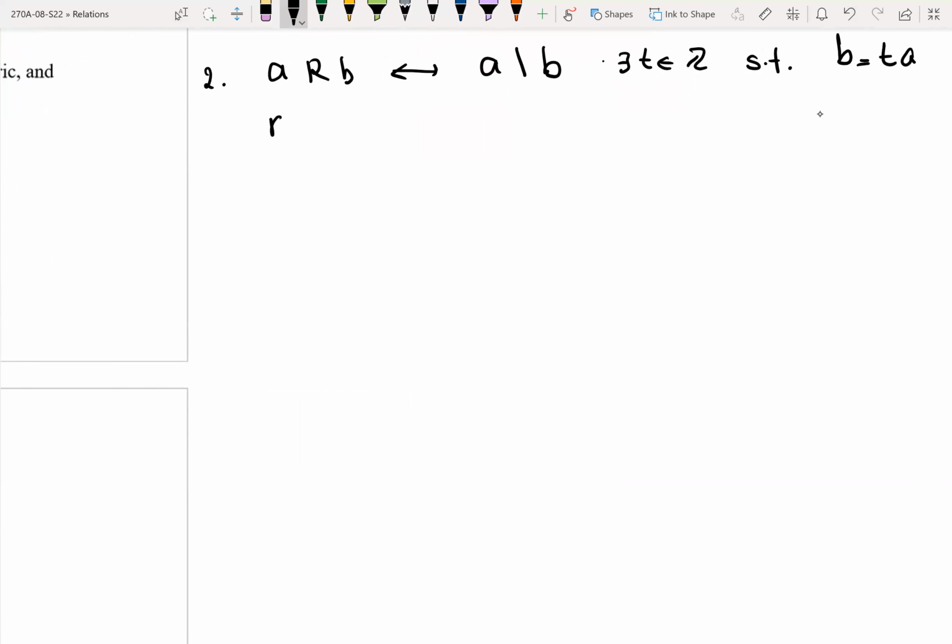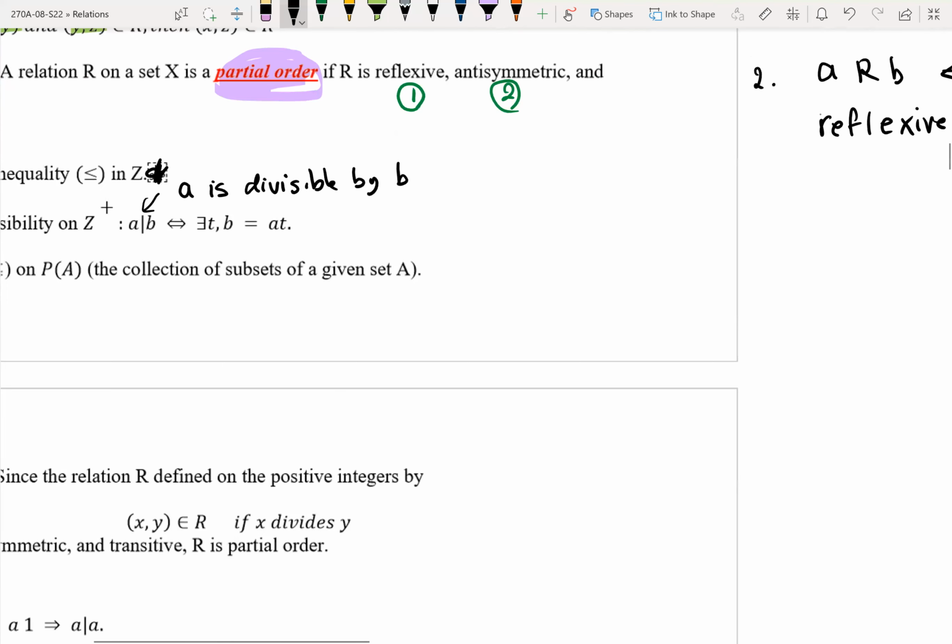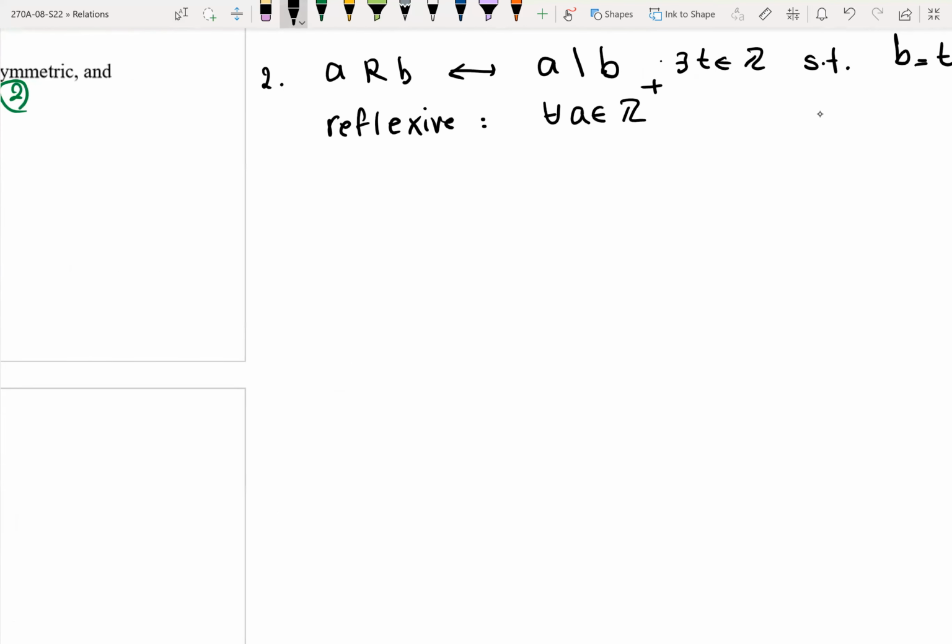Reflexive. How do I show this is reflexive? I have to show for all A positive integers, A always divides itself.